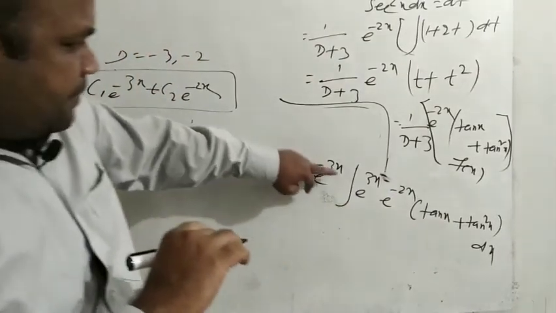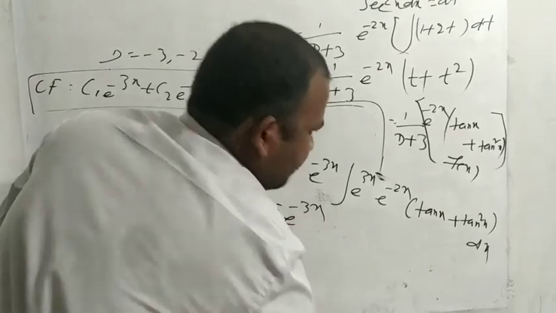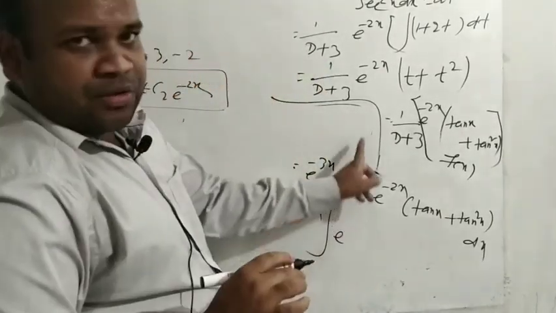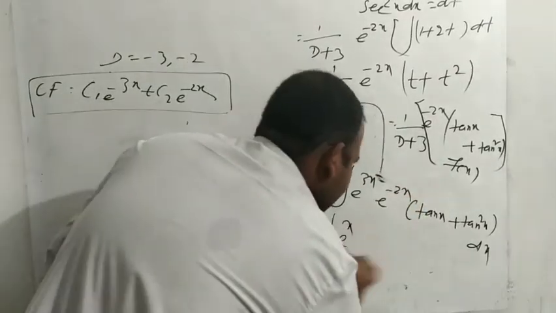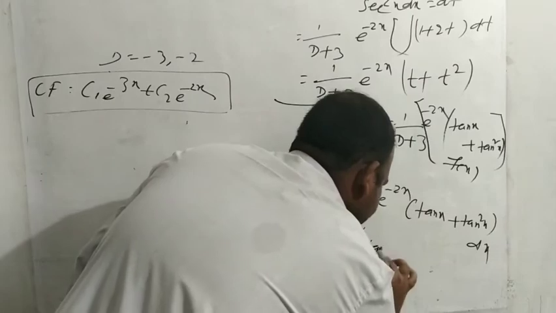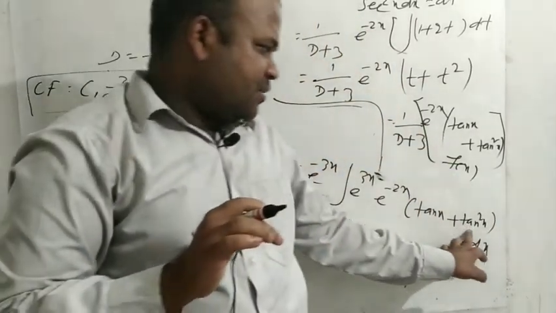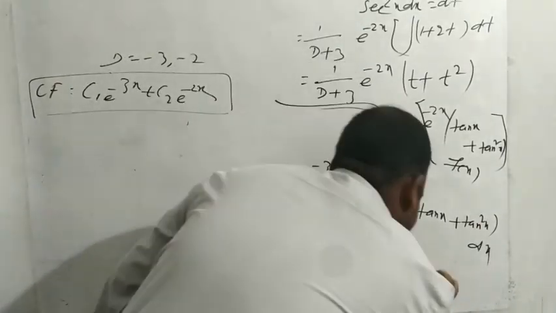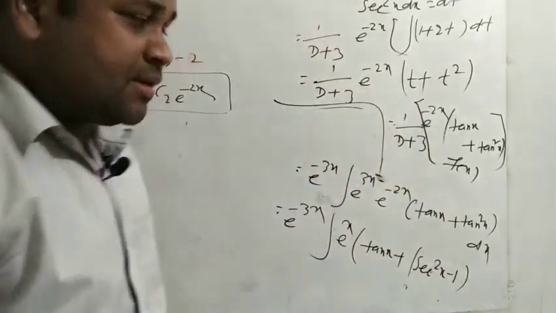So 1 upon D plus a, e raised to 3x minus 2x gives e raised to x, and this one you will split: tan x plus tan square x. Recall sec square theta minus tan square theta equals 1. So what is the value of tan square x?